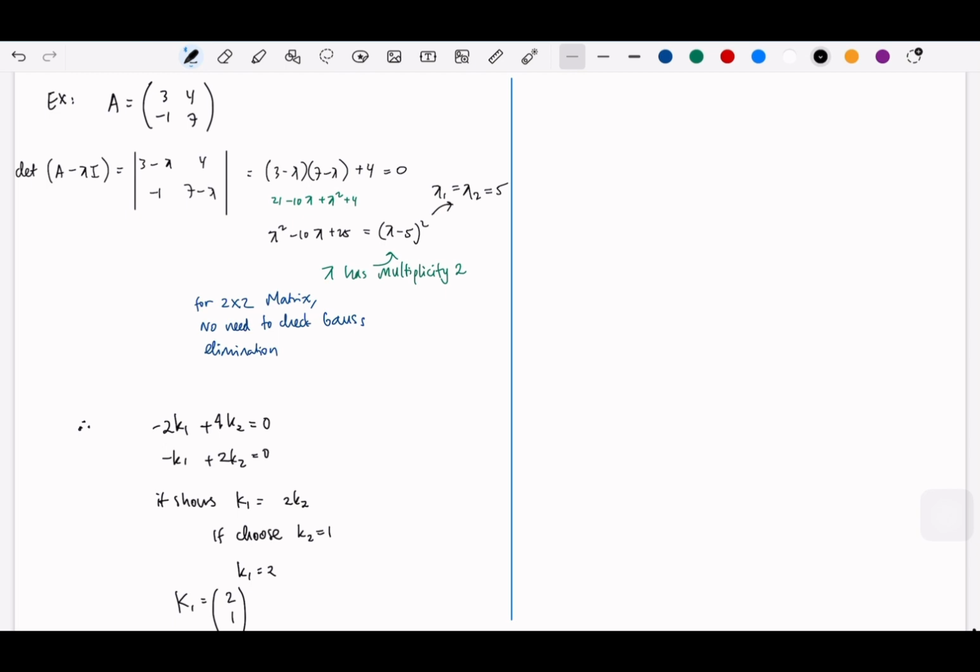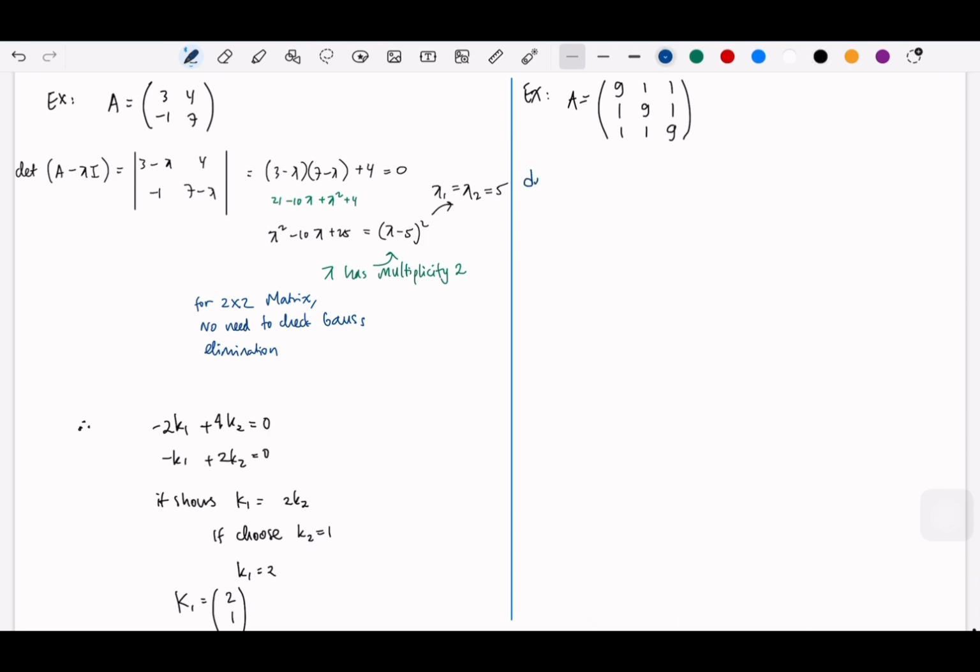So if we have another example, let's say we have a matrix A. This is a 9, 1, 1. I think this is a really special number. So the diagonal will be 9 minus lambda. So let me write in the determinant form.